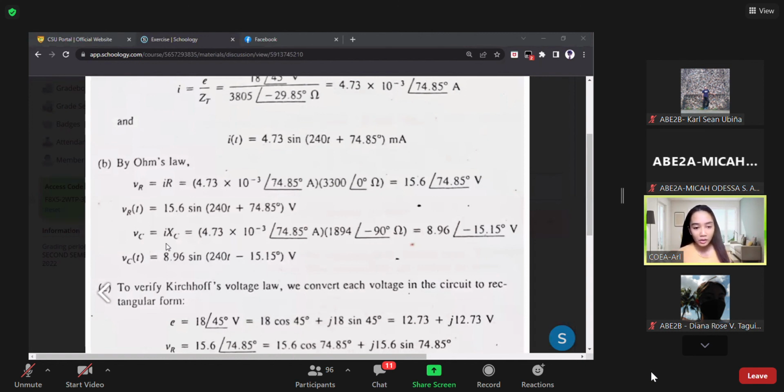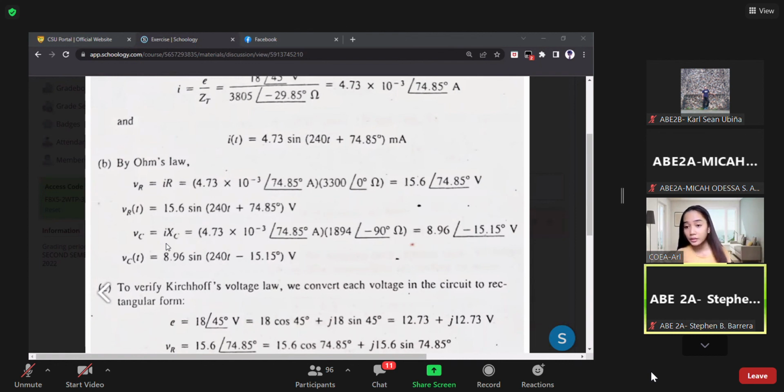I times total current times the capacitive reactance. 4.73 milli, angle 74.85 times 1894 minus 5 negative 19.8 po. What's your rectangular form?